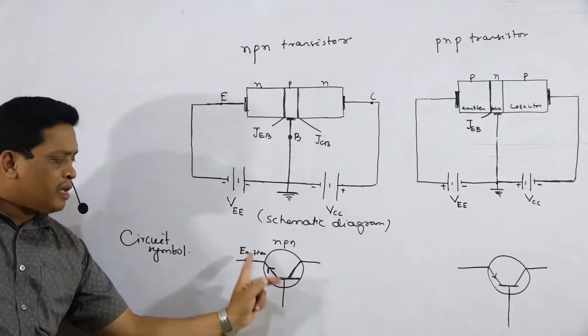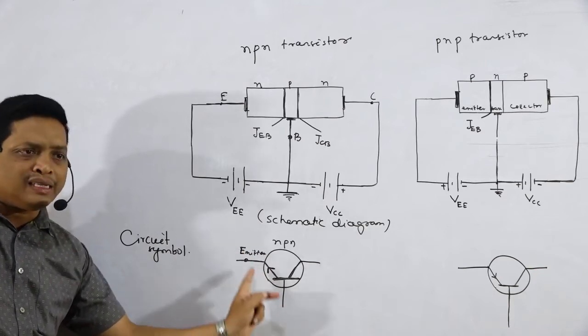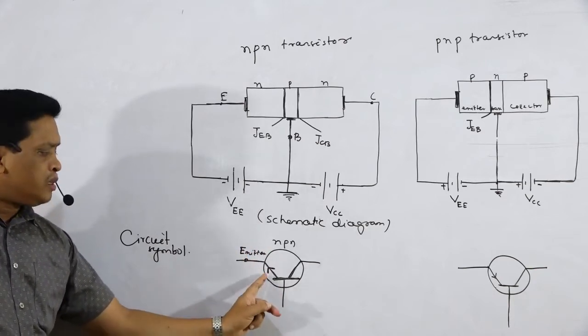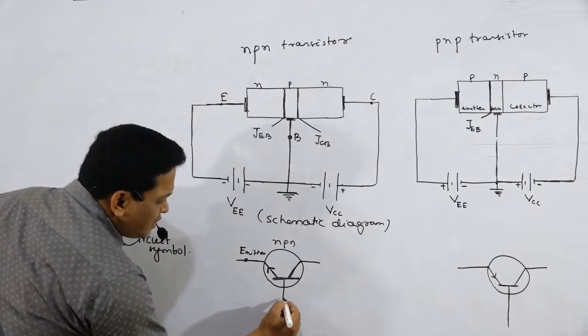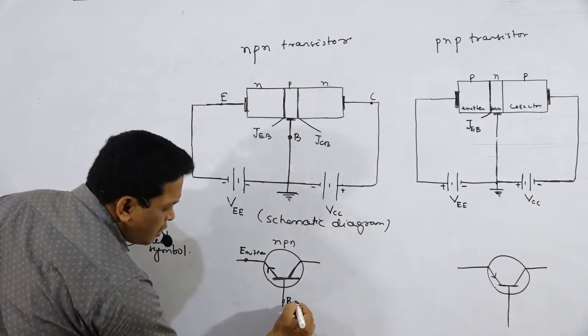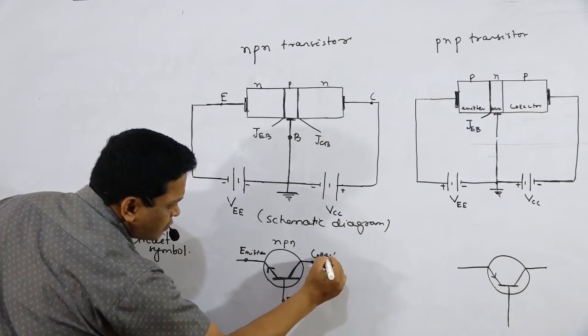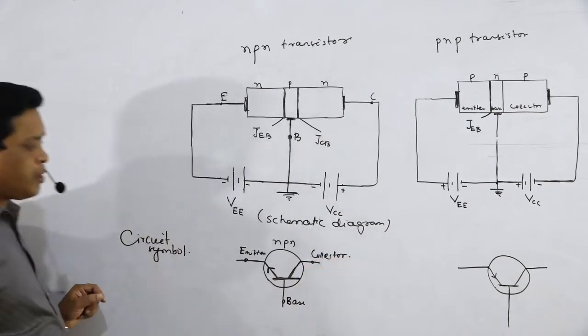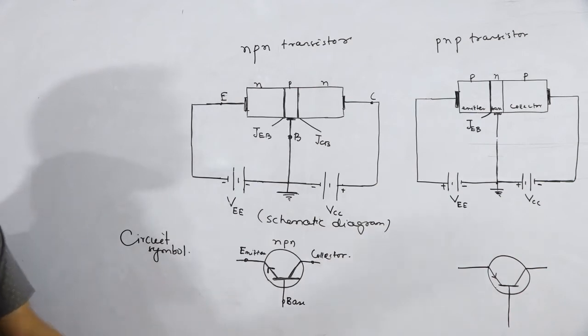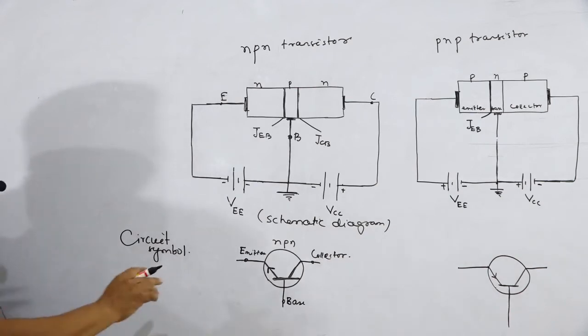The arrow mark is outward. So this one is the emitter, this one is the base and this one is the collector. Look, I am giving a simple process to remember this.